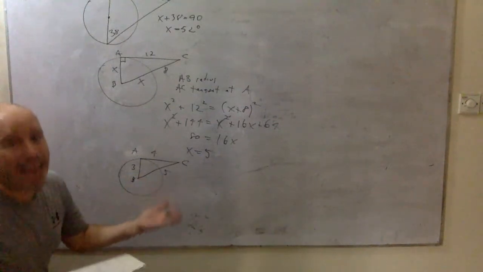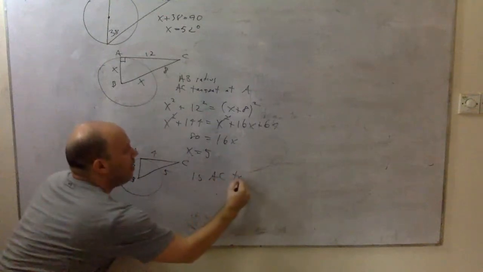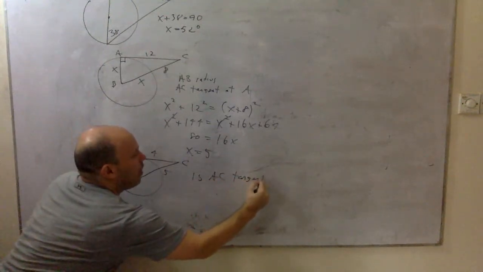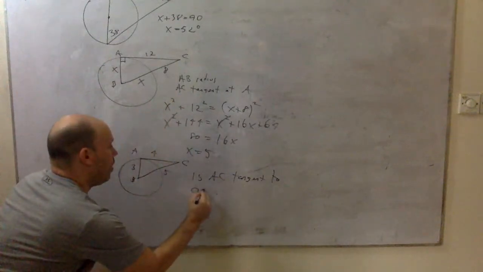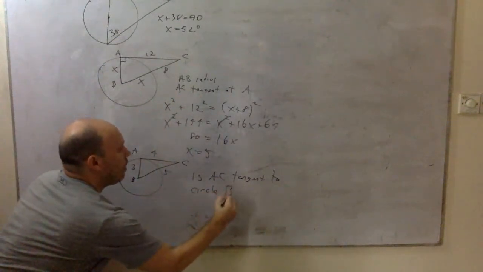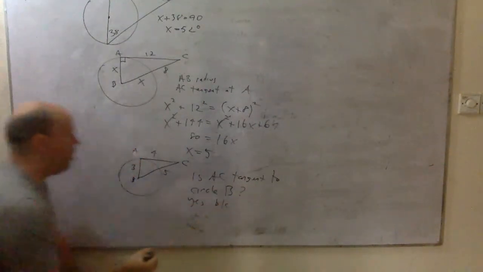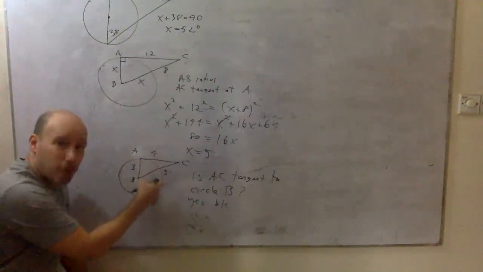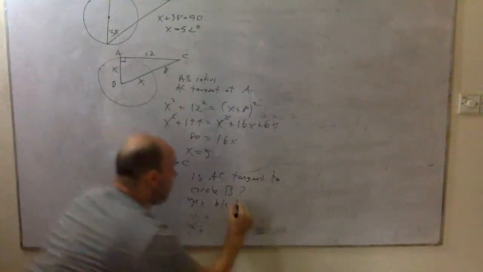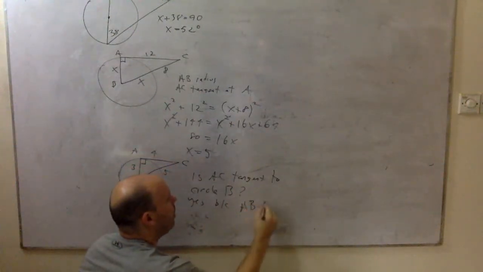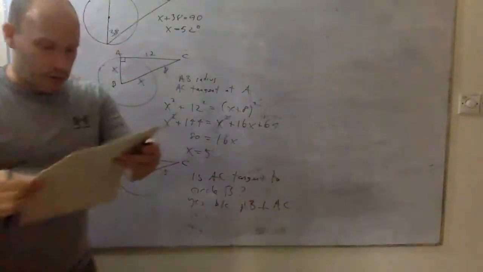And you would say yes, because this is a right triangle, so they're perpendicular, and yes, because AB is perpendicular to AC. That's the idea of those exercises.